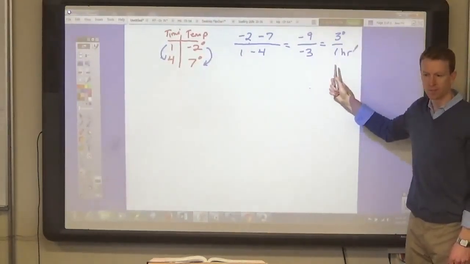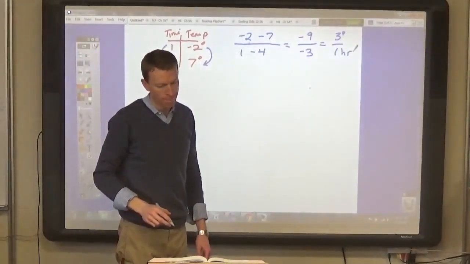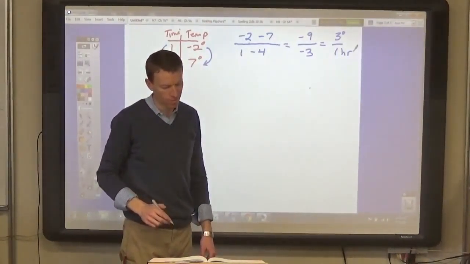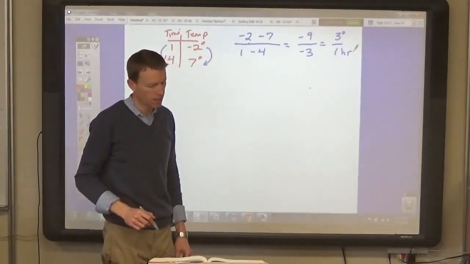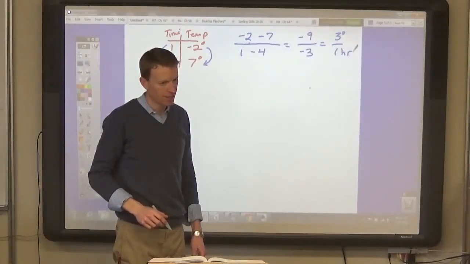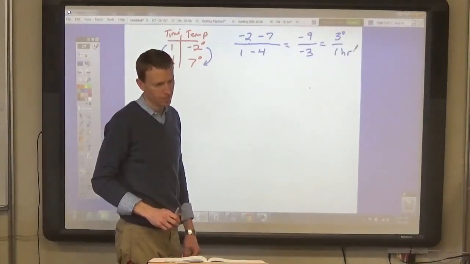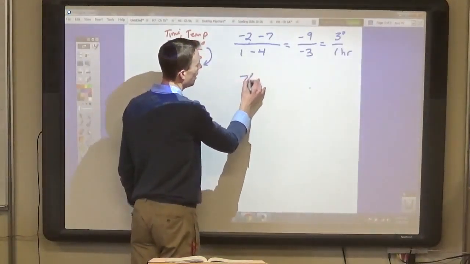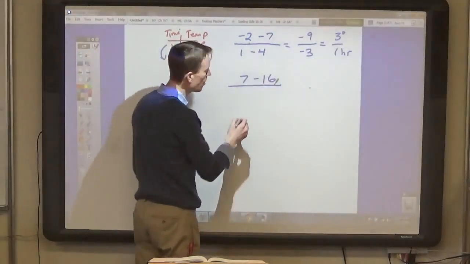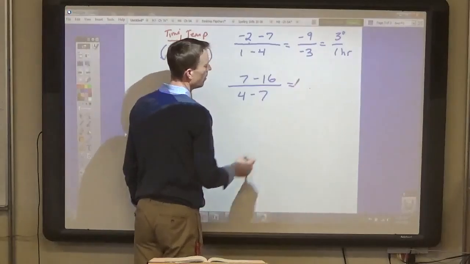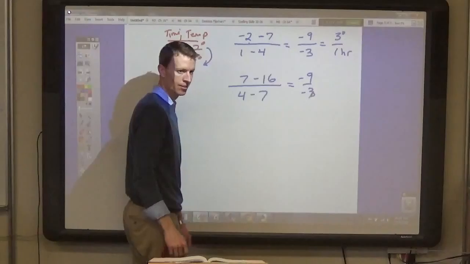But then it changes. Time is 7, and then temperature 16. Is that 3 degrees per hour? So from 7 minus 16 over 4 minus 7 is -9 over -3, isn't it?